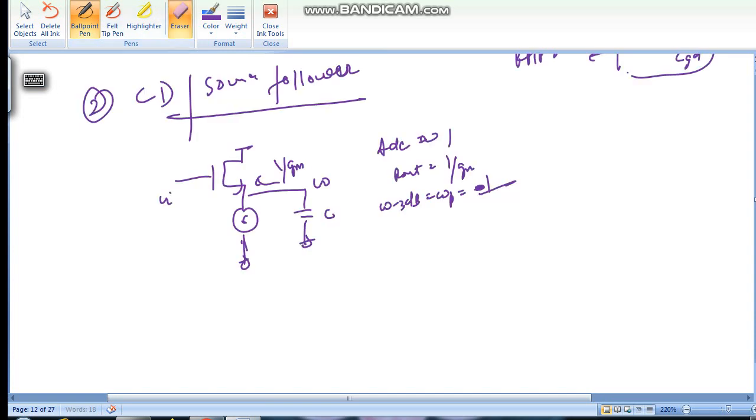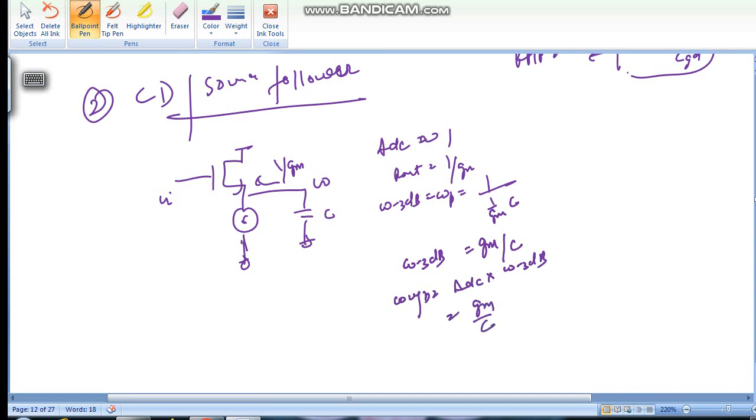When we write in the form of S plane like SP or SZ, then it will be minus or plus. So 1 by Gm into C equals Gm by C. So this is omega 3 dB, and omega UGB equals ADC into omega 3 dB. ADC is 1, so Gm by C is this pole frequency.